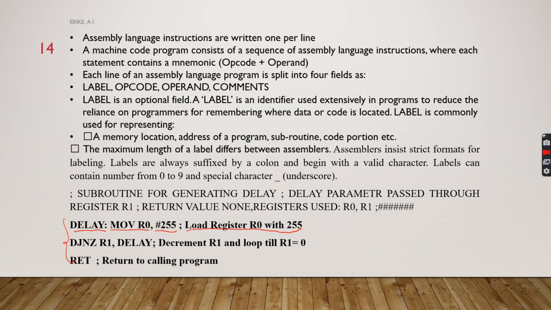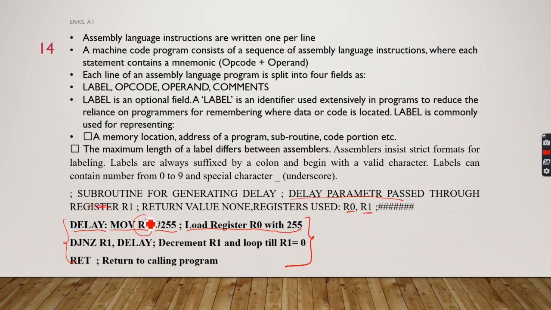This particular code written in assembly is actually a subroutine for generating delay. The delay parameters are passed through the register R1, and the return value is none. The registers used in this are registers R0 and R1.